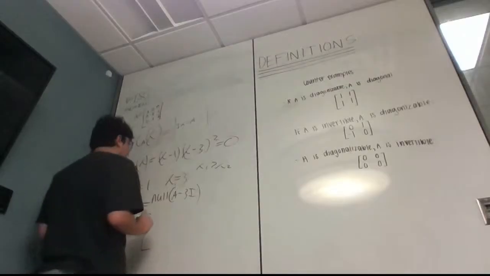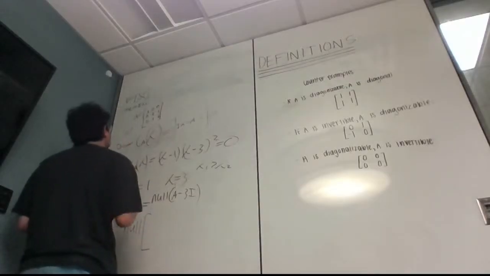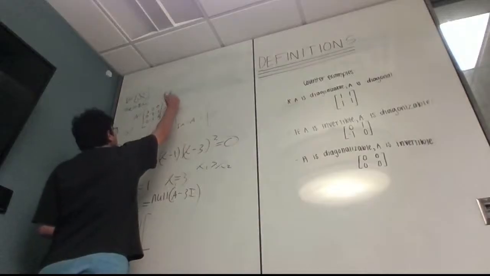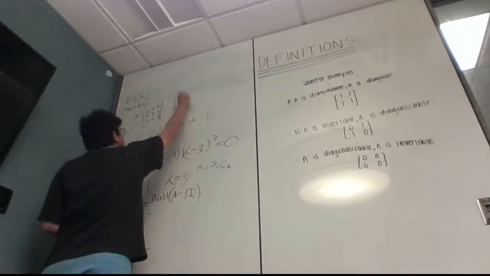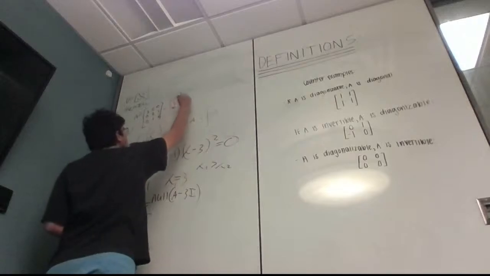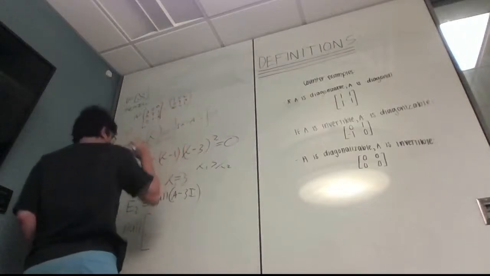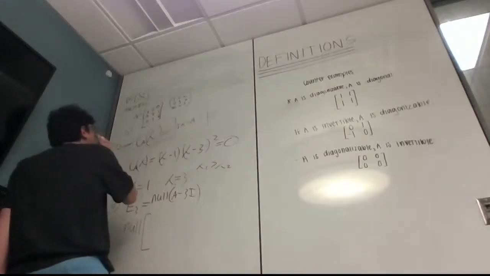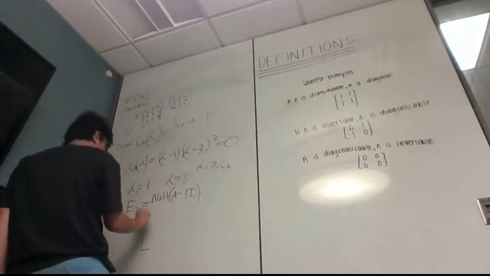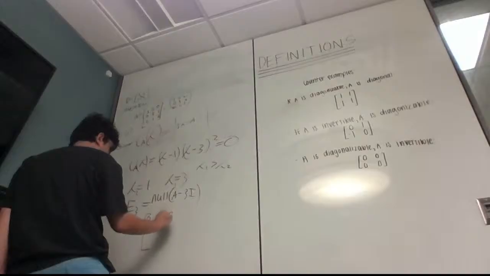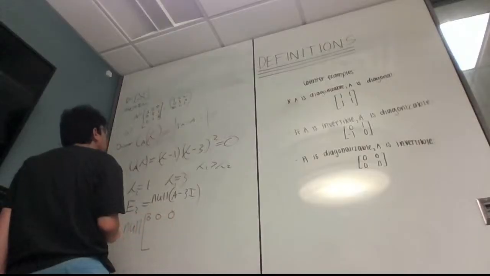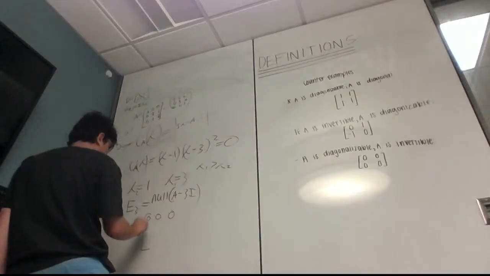So we have A minus 3I, so then A minus 3, 3, 3, 0, 0, 0, 0, 0, 0. I'm not actually going to sign test because I don't want these points. But this becomes 0, 0, 0.